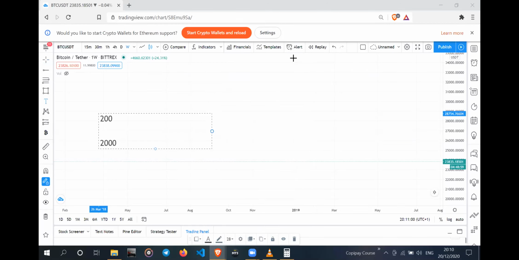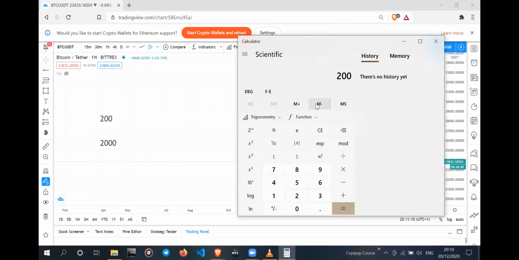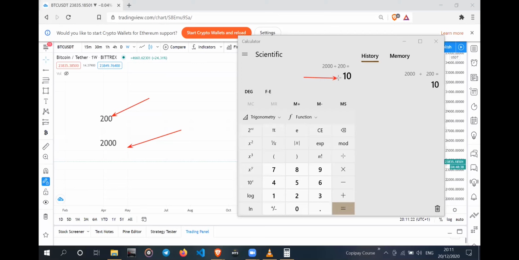So your risk is 200, your reward is 2,000. That is 2,000 divided by 200. For every $200 you're risking, you're making 2,000. That is a 1 to 10 risk to reward.